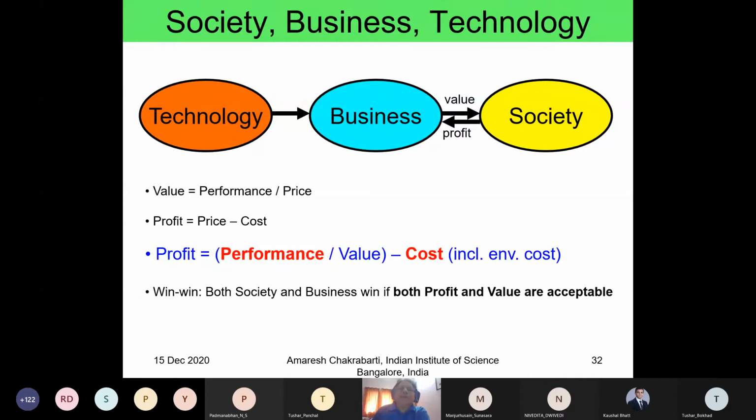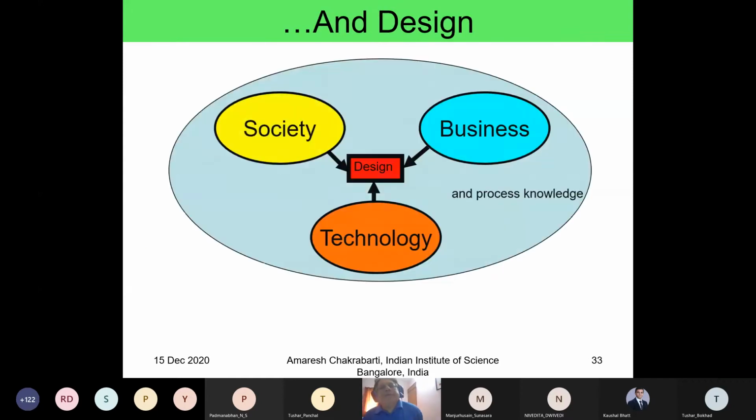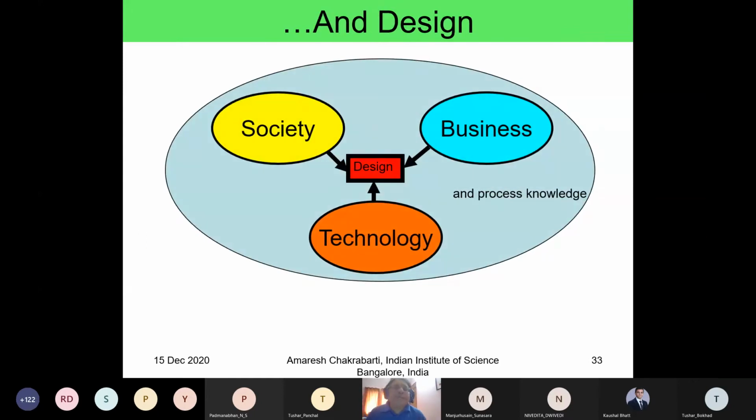So the two parameters that you can play with are performance, things that you want more, and cost, the resources that you will then spend. So here are some examples of what design does. Design takes this knowledge from the society, the business, and the technology, and brings them together in order to go through the design process.